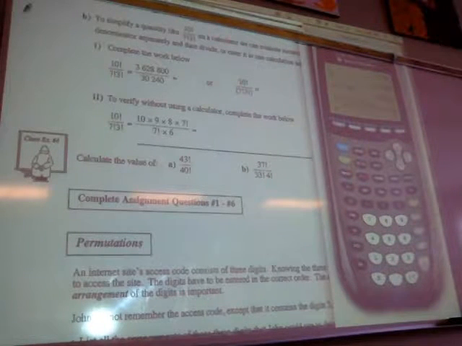Just note that I didn't write 37 in that numerator, which is why I got such a wrong answer. So I'm just going to insert that 7. There we go. That looks better. Okay, 66,045.